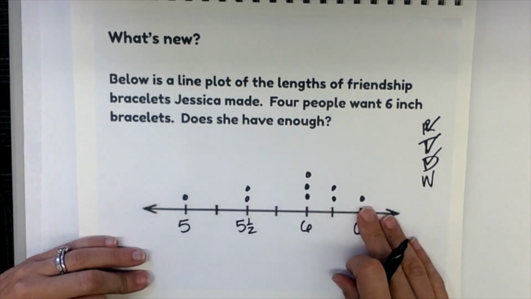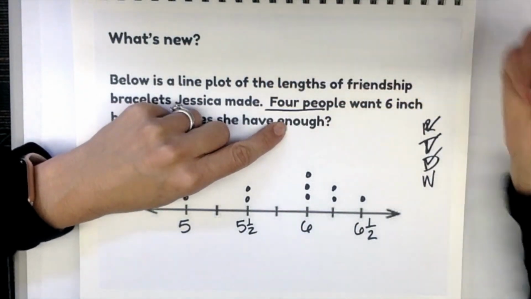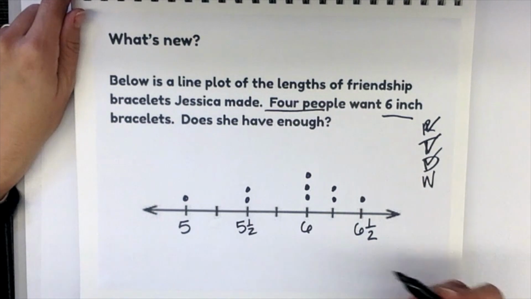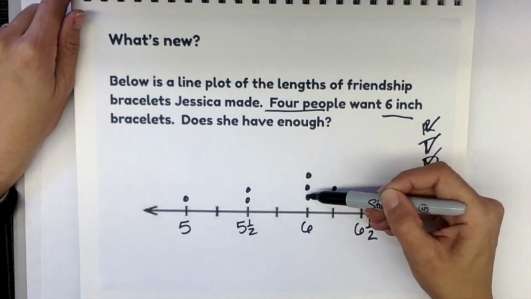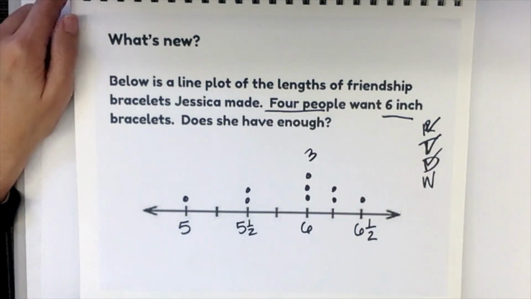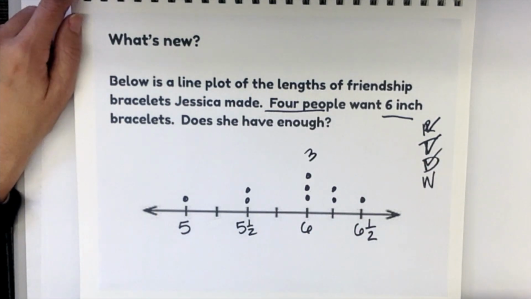So let's take a look. So we need 4 friendship bracelets at 6 inches each. Well, we have 1, 2, 3. So there's only 3 here. And so that tells us we don't have enough. She would need to make 4, or at least 1 more to make 4 6-inch bracelets.